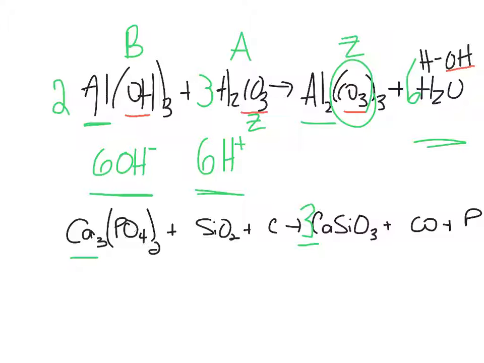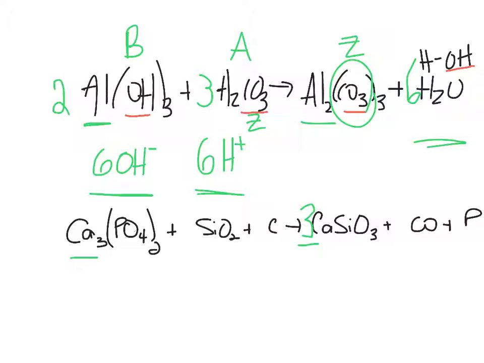It's a good idea to do these using pencil because you might have a time where you have to go back and change a number that you've already put in. So now I'm going to look at the compound containing the calcium on the right. What element other than oxygen and hydrogen is in that compound? Silicon.